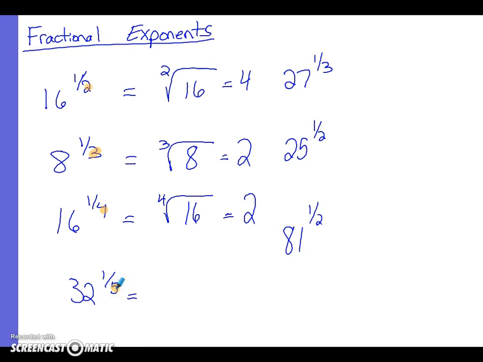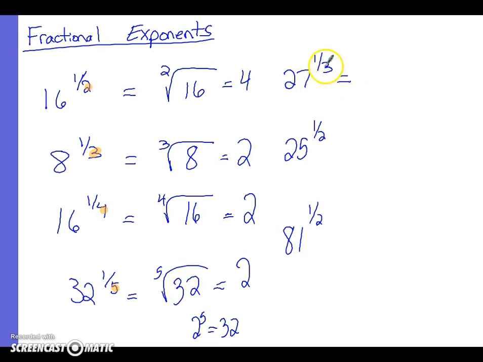Again, the denominator of the exponent is the root, so we're talking about a 5th root of 32. What to the 5th power is 32? That's 2. 2 to the 5th power is 32. That's how I know the 5th root of 32 is 2.